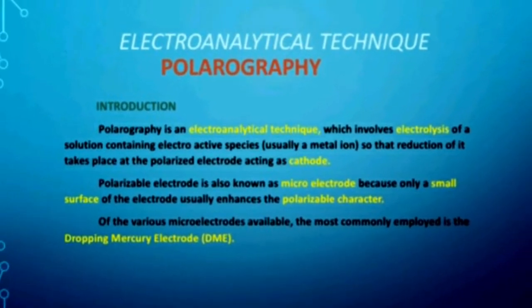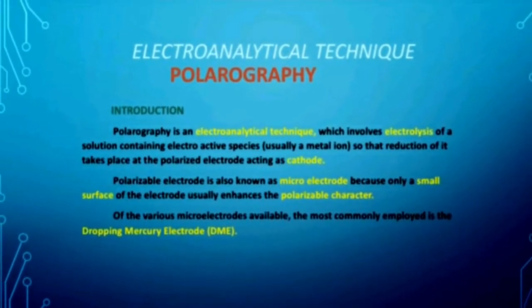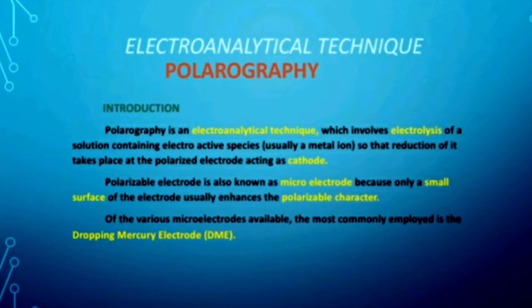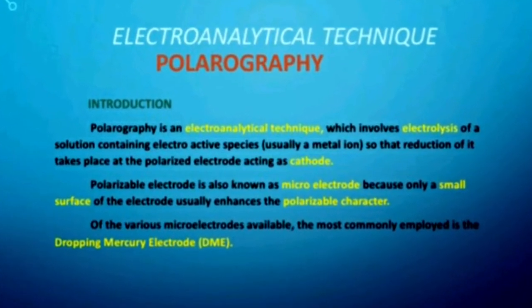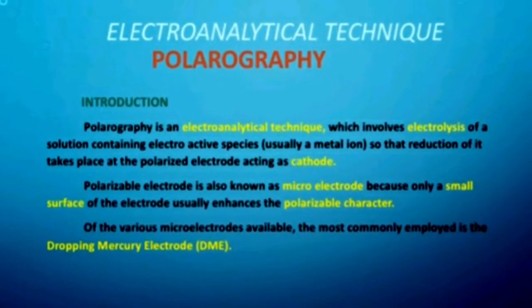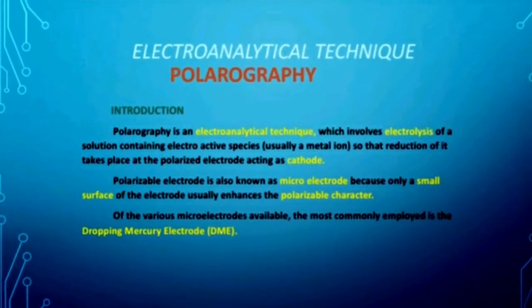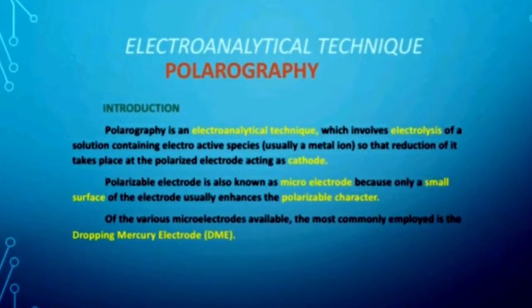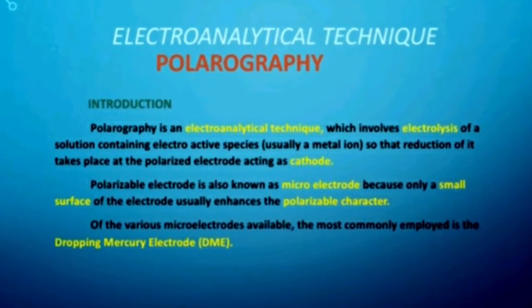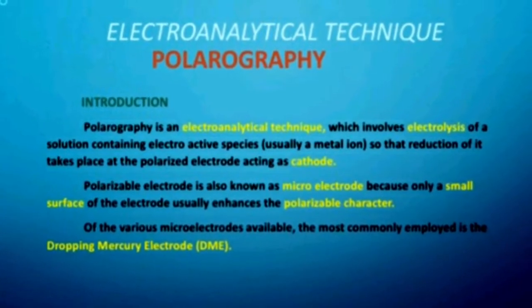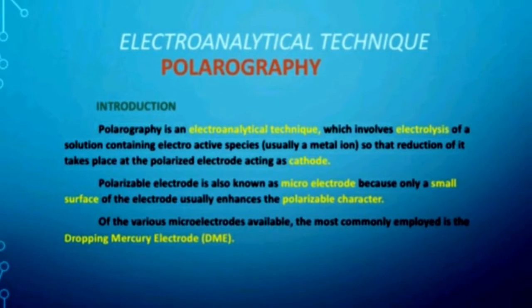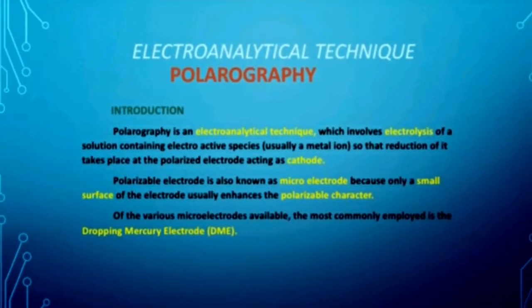Polarography is basically an electroanalytical technique which involves electrolysis of a solution containing electroactive species. Now, when you look at the term electroanalytical technique, you can understand it better when you split it into two. That is electro and analytical.